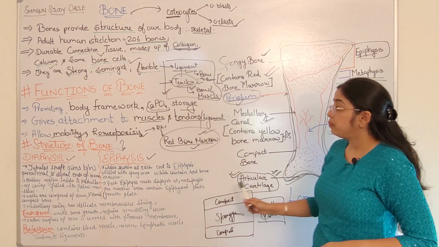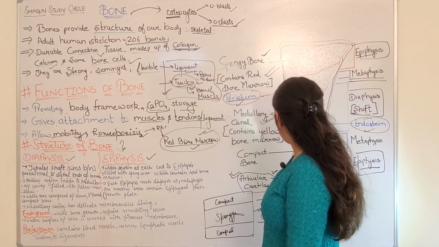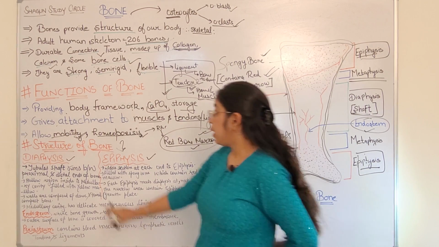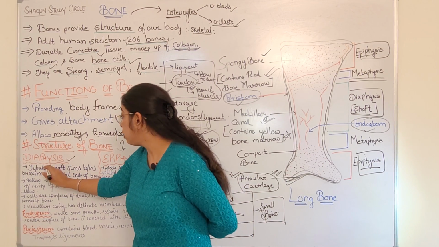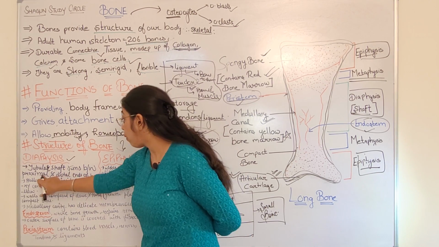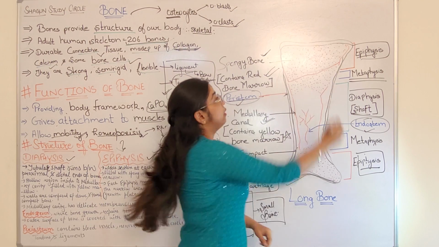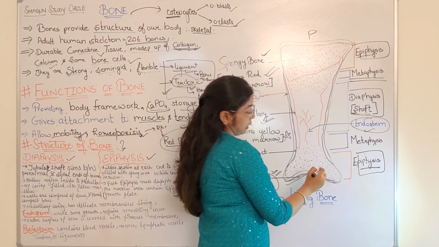Okay, now quickly just read both of them and I guess it's quite clear. Diaphysis, a tubular shaft-like structure which runs between the proximal and distal end of bone. This is the proximal end and this is the distal end.